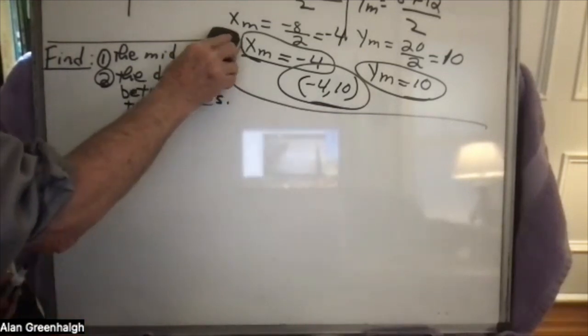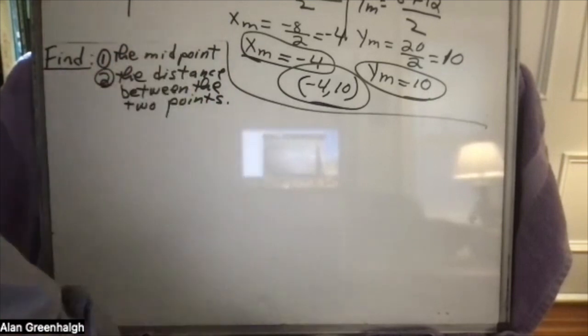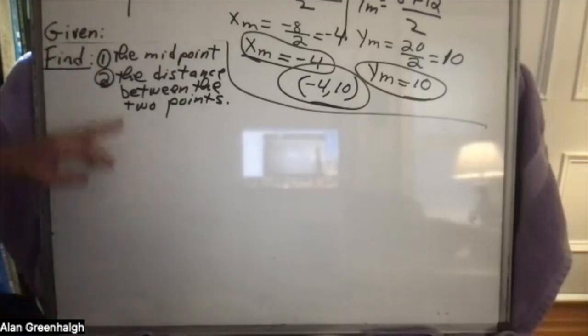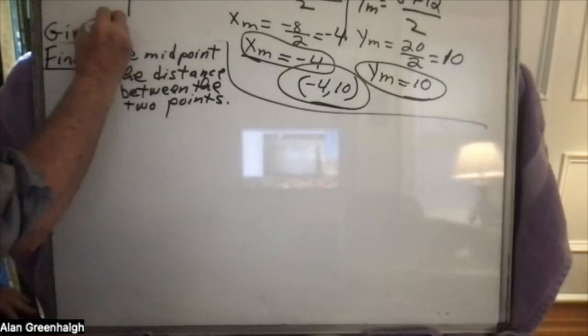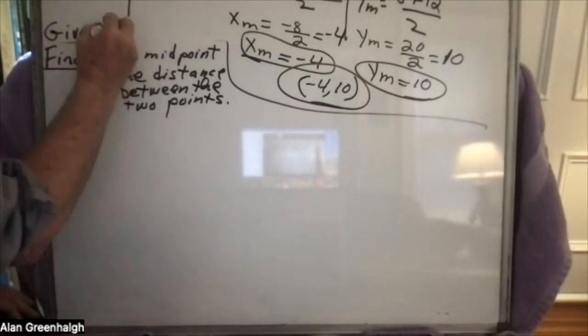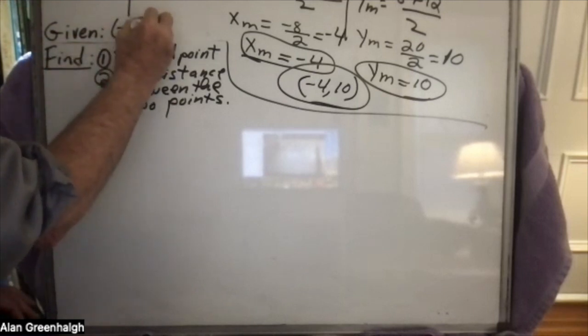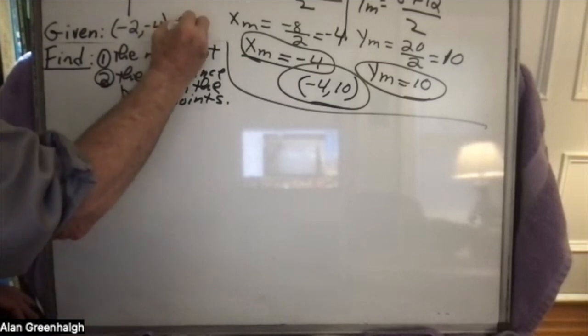And I left out something here that I did purposely. So it should say, given, because I don't want you to start doing the problem before I finish talking. Given 2 points, (-2, -4) and (-4, 8).